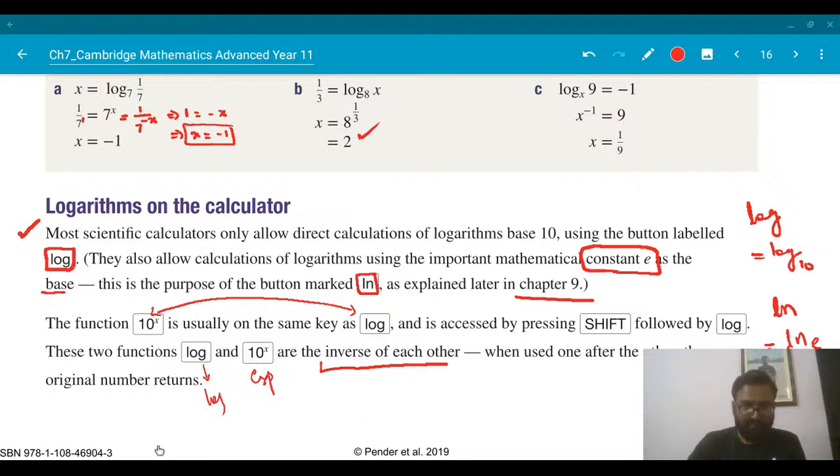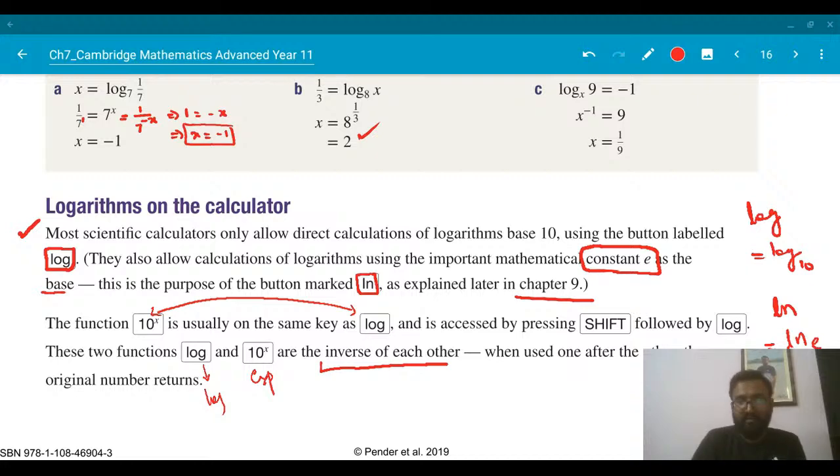It's 1, because it's log 10 base 10. But if you take ln 10, it is not 1. It is log 10 base e. Okay, so it is a different value.